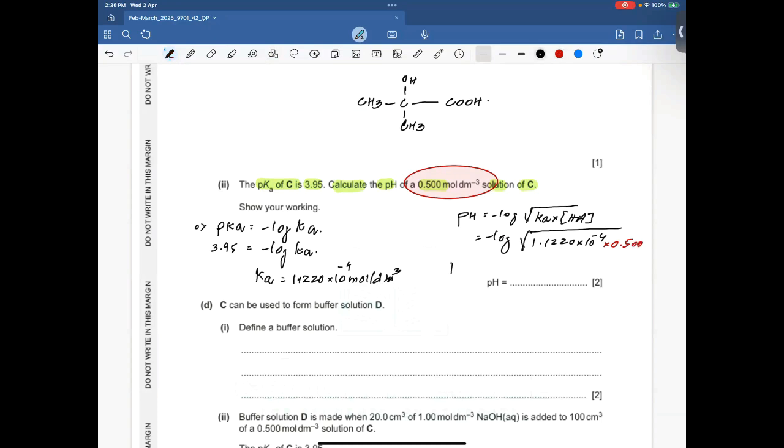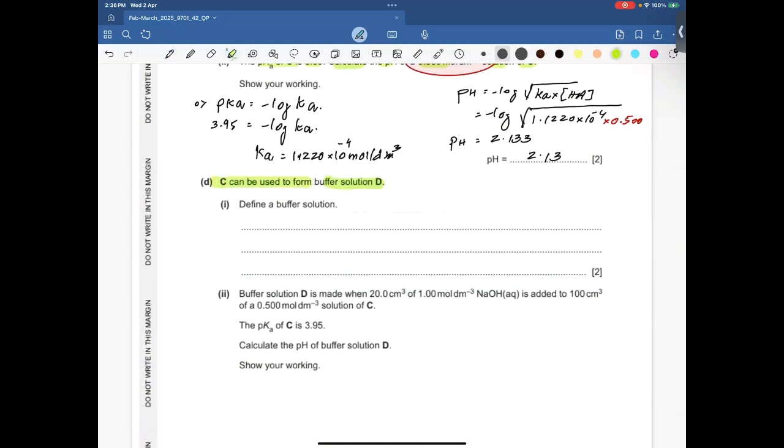So the pH of this solution C is going to be, multiply by 0.5, under root, answer, negative log answer. It's 2.133. So 2.13.